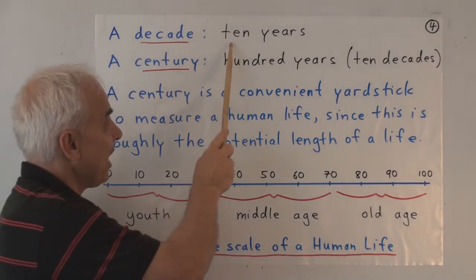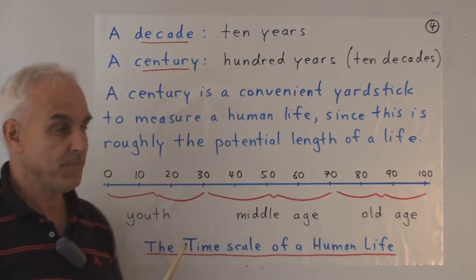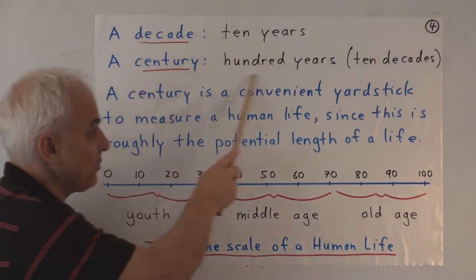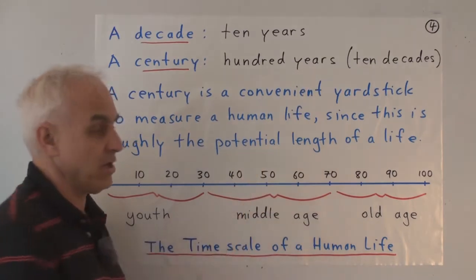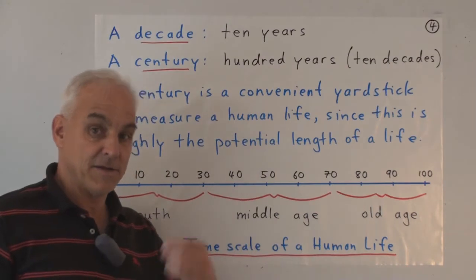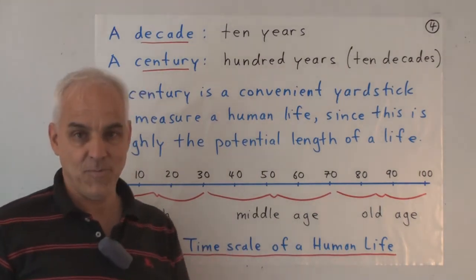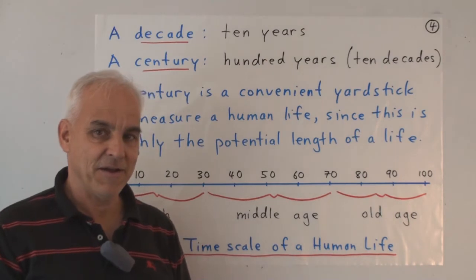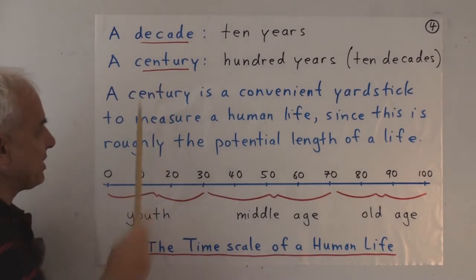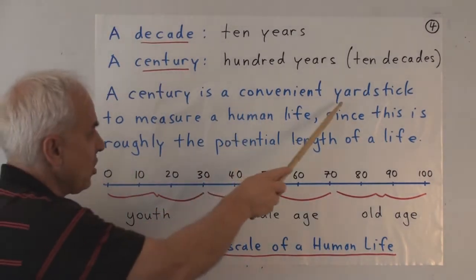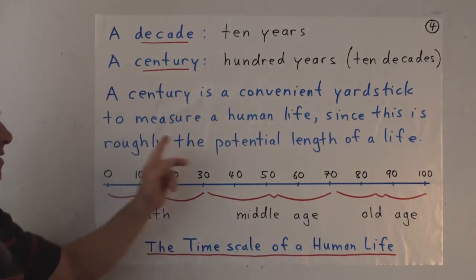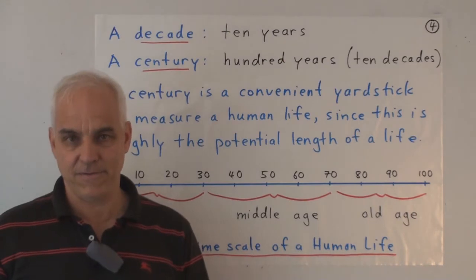A decade is a 10-year period. And a century is a 100-year period. So a century means 100 years, which is of course the same as 10 decades, because 10 times 10 is 100. That's the biggest entry in our multiplication table that we've learned. So this century is particularly convenient. It's a convenient yardstick to measure a human life, because this is roughly the potential length of a modern life.